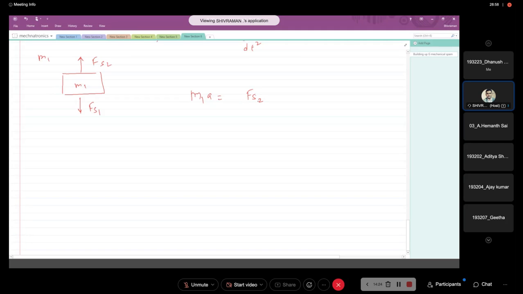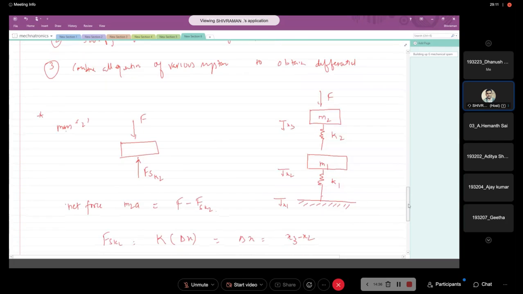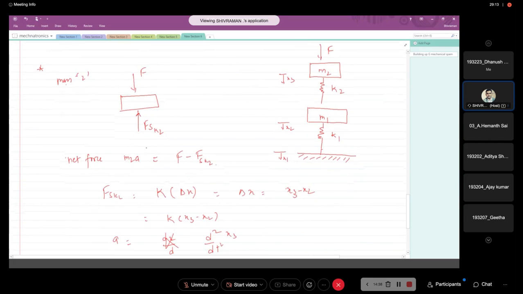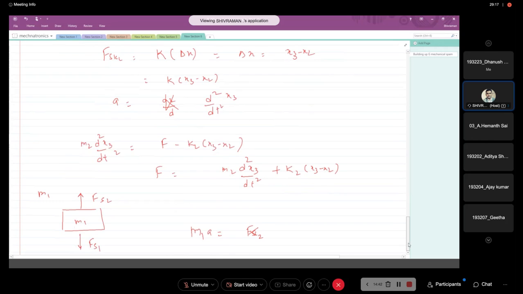Here you decide your convention first. If you want to take all upward direction forces as positive, you consider them as positive. But in this case, we are considering the upward force as negative, so downward is considered positive. So you will have Fs1 minus Fs2.